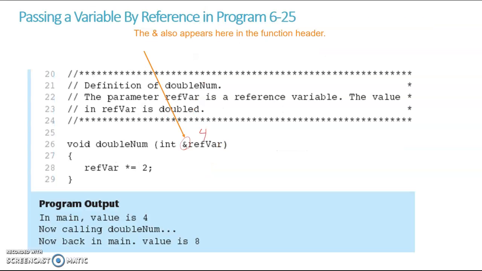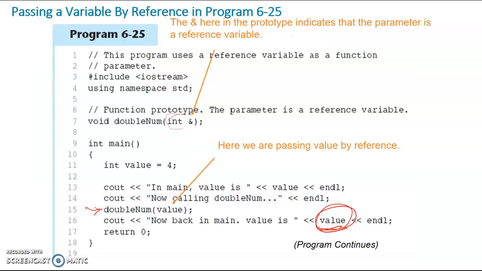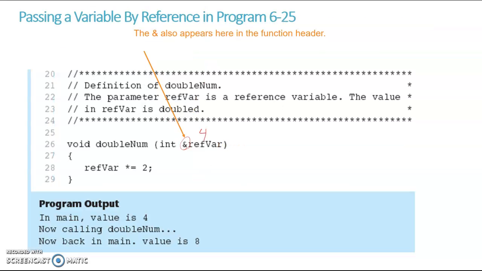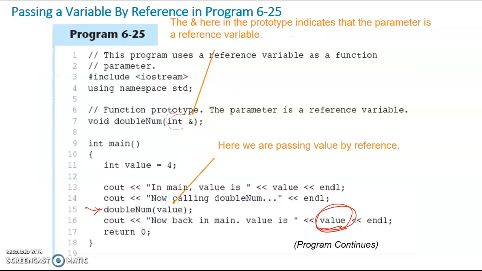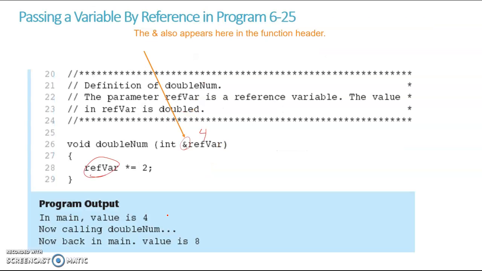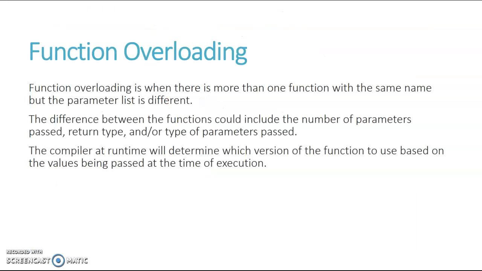If I passed by value, we wouldn't have the ampersand, and I couldn't make that change in memory. It would still print for us a 4. But when I use the ampersand, it is going to pass it by reference. So any changes to this variable will be reflected back in the variable that was passed in, and so we'll get an 8 out to the screen.